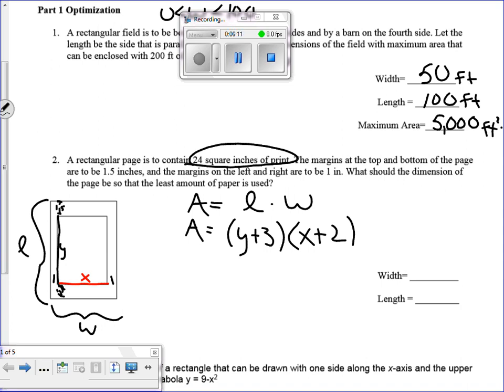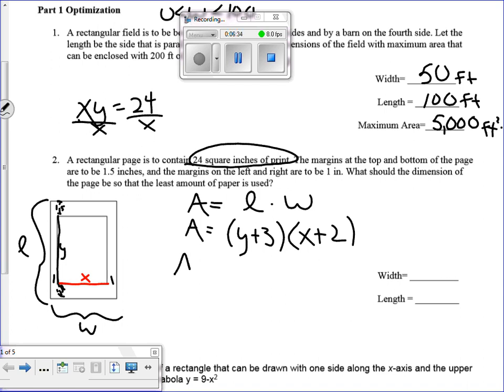So that means that x times y, the area of the printed material, must equal 24. So this is what you're going to use to solve for either x or y. Doesn't matter. I'll solve for y. So if I divide each side by x, I see that y equals 24 over x.